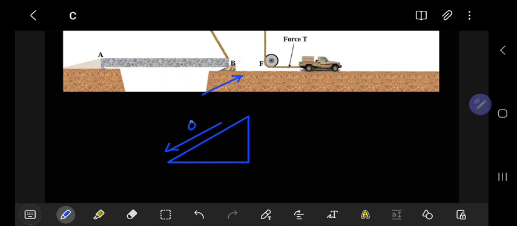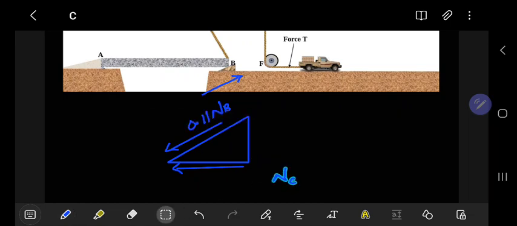So this is 0.11 NB. And then next up at the bottom here, this wedge is trying to be pushed backwards. So friction has to prevent that from happening. So friction has to be going in this direction. And this is going to be, I'll take this as NC, the C being the bottom there. But of course we need the coefficient between the wedge and the ground.